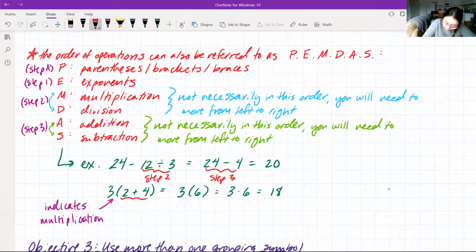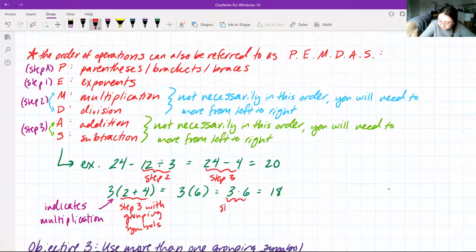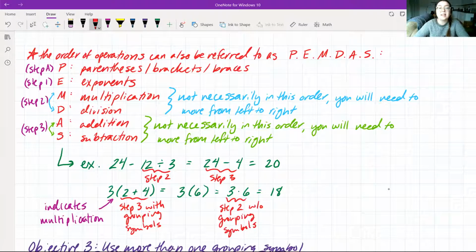So 2 plus 4 was a step 3 with grouping symbols. 3 times 6 ended up being a step 2, and we're going to say without grouping symbols. And that gave us our answer of 18.